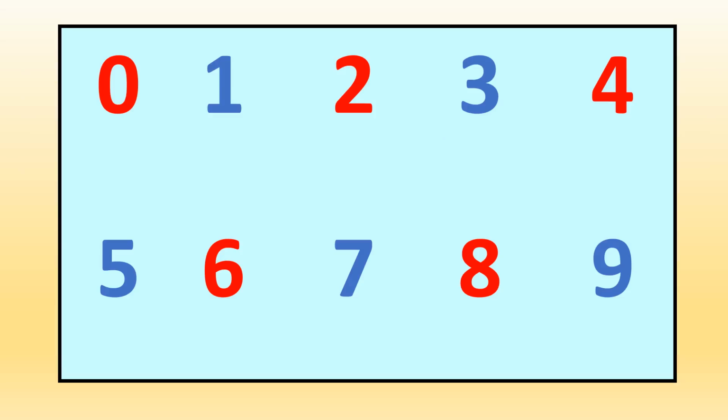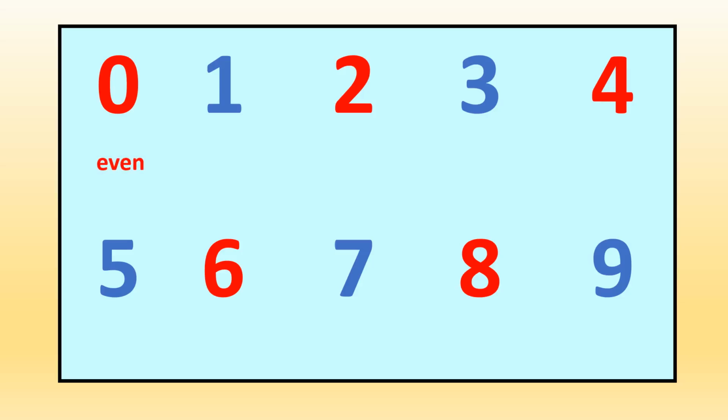Now let's try to understand even and odd numbers through a simple trick. Here we have the number chart having numbers from 0 to 9. The first number, that is 0, is an even number.